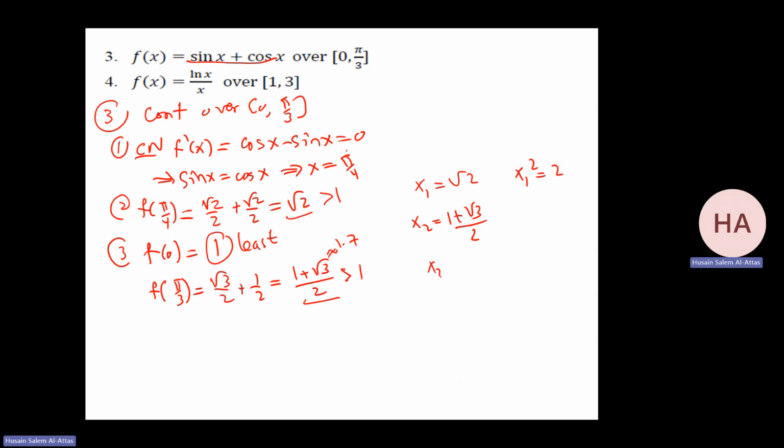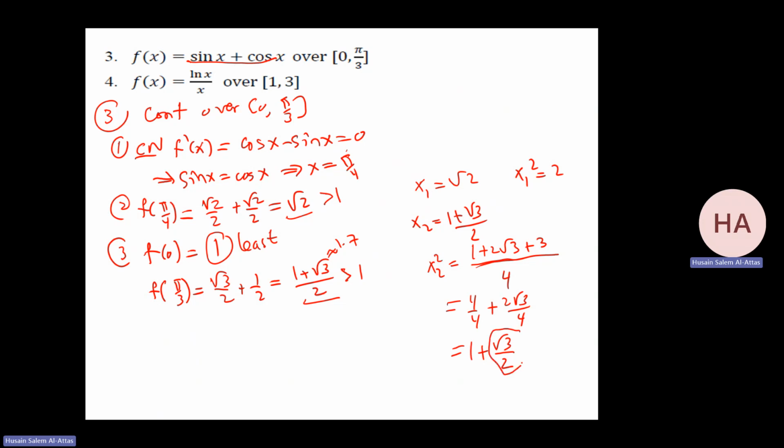If we square this, that will be over 4: 1 plus 2 square root of 3 plus 3. So I have 4 over 4 plus 2 root 3 over 4.